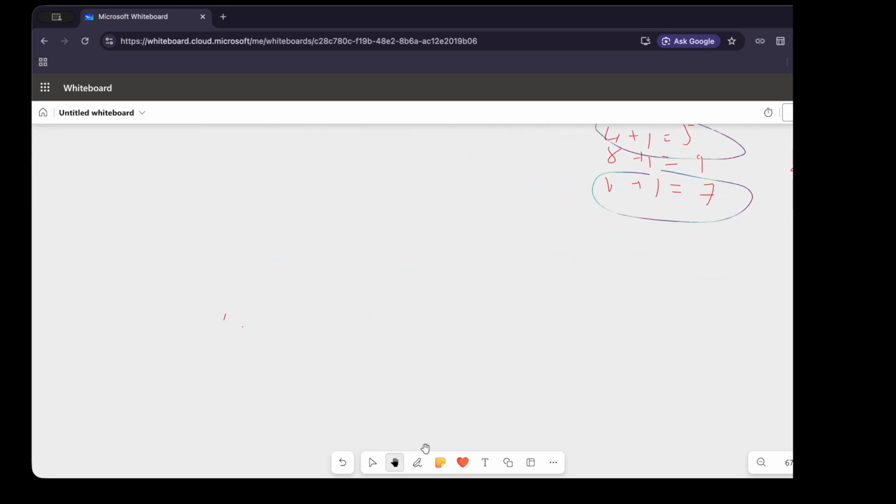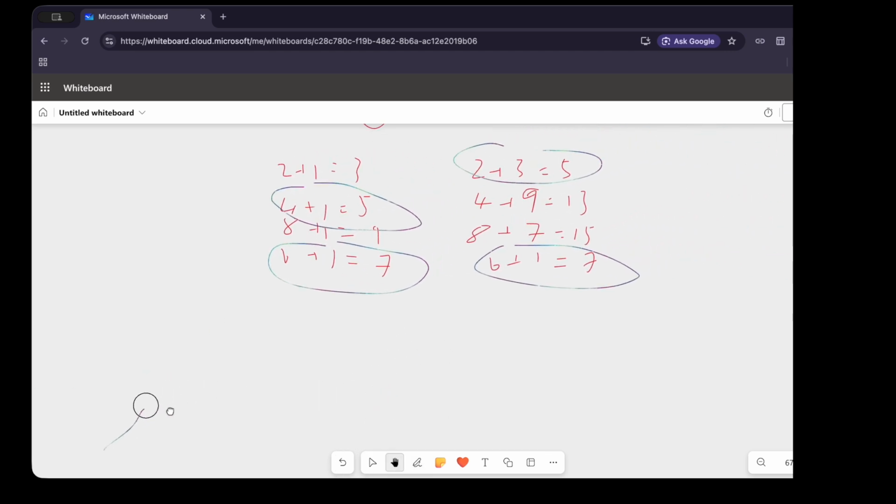First, we consider the case where k is congruent to 0 modulo 4.